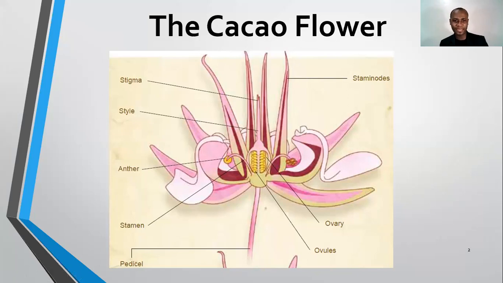As you can see here, the petals try to cover the stigma and the anther. Because of that, it's difficult for the pollinators to attach themselves to the pollen grains and pollinate the flower.